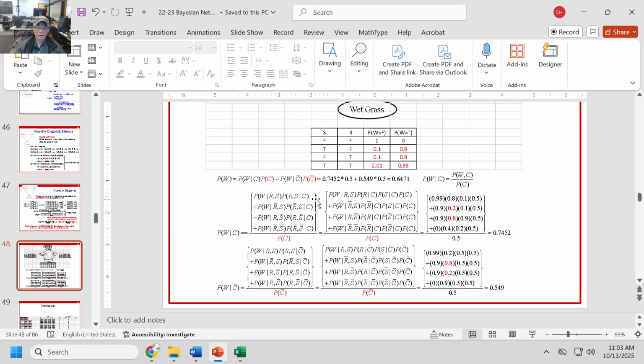This time we just need P(C) or not P(C), 0.5, ignore that. On top of that: cloudy, rain, sprinkler on; rain, no sprinkler; no rain, sprinkler; no rain, no sprinkler, and then times the conditional probability given that it is wet.